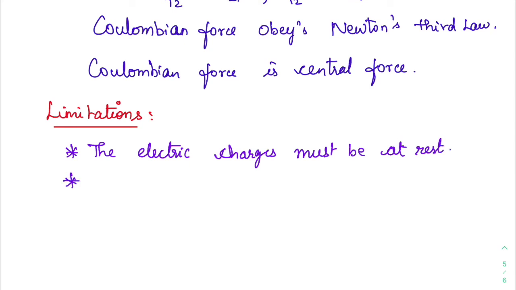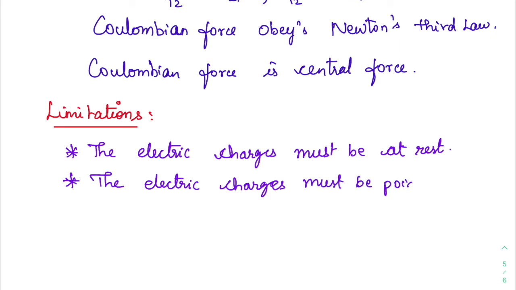And these electric charges should be point sized, or point charges. The distance between the charges should be very high, greater than the size of the charges, which means we say these Coulombic forces are only applicable to point charges. The electric charges must be point charges.